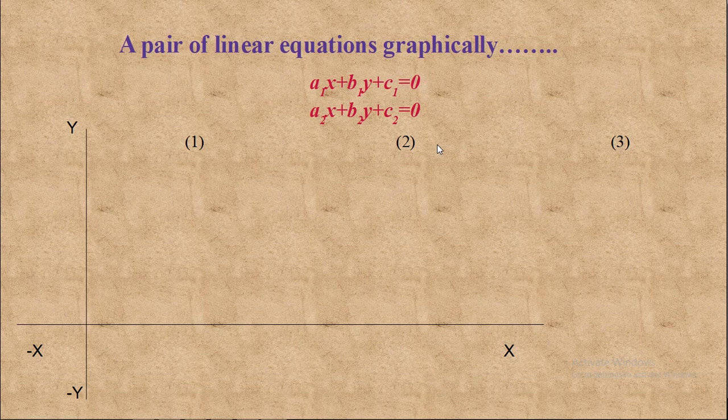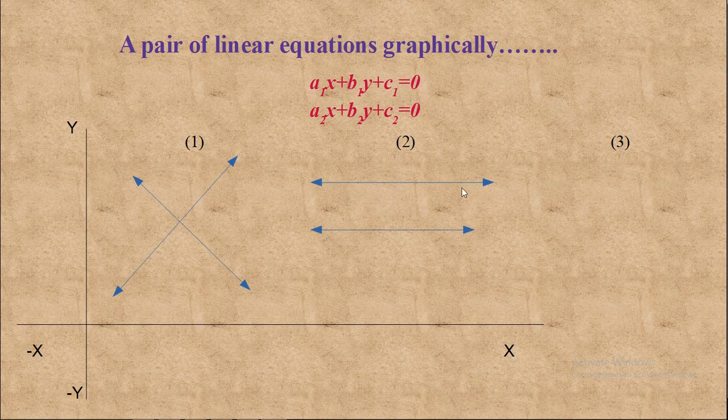Now the graph of a pair of linear equations will be two straight lines in the graph. And what are the possibilities of representing those two lines in a graph? There are three possibilities. The first one is that the two lines will be intersecting each other. Another possibility is that these two lines can be parallel to each other.